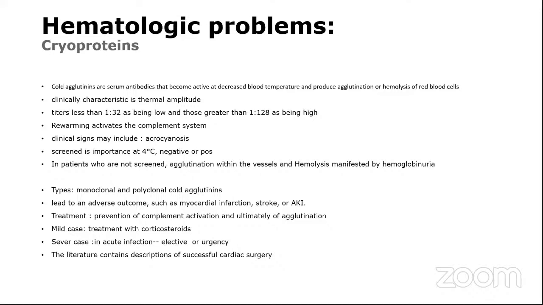A clinical characteristic of this antibody is that it has a thermal amplitude, which has to be tested if it's positive, and the titer: if it's 1 to 32, it will be low, and if it's greater than 1 in 128, it will be high.